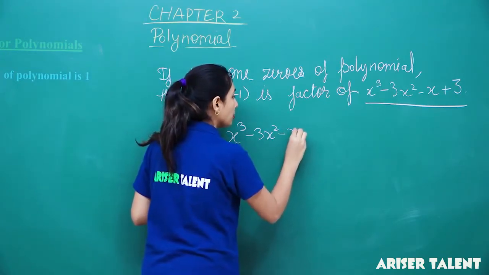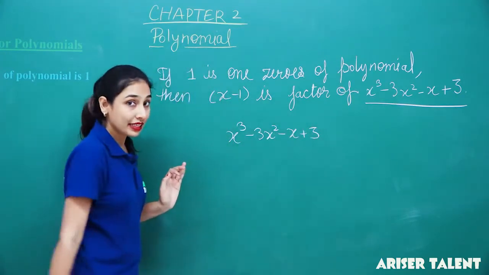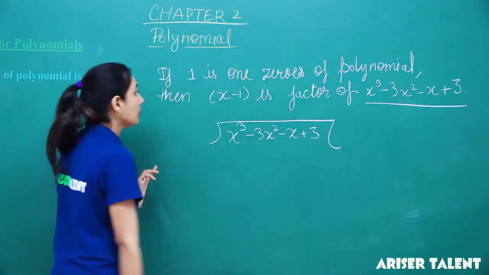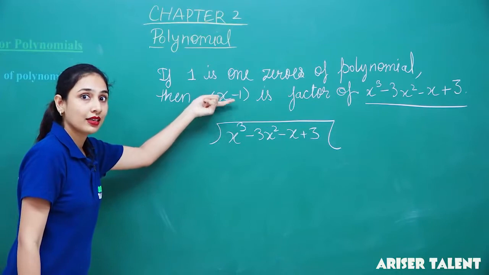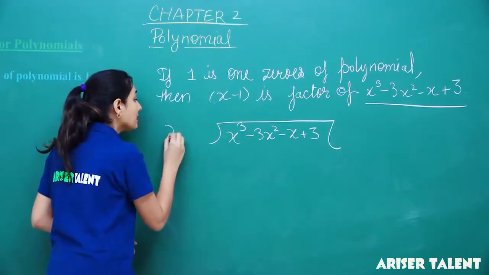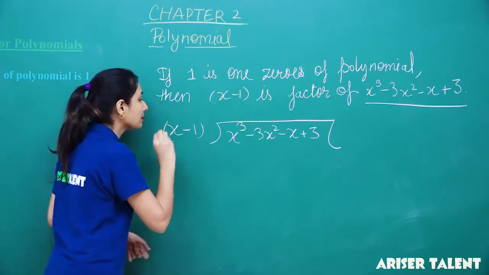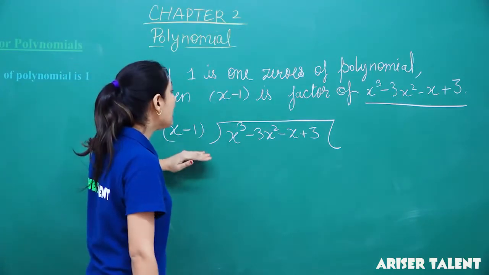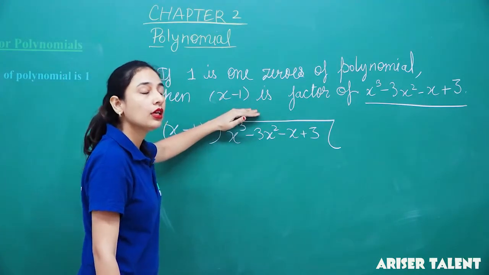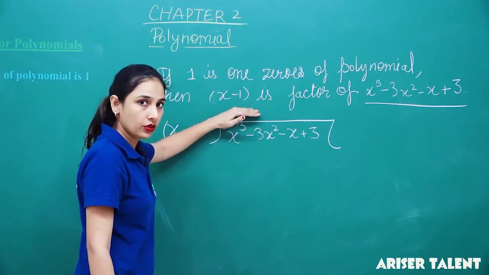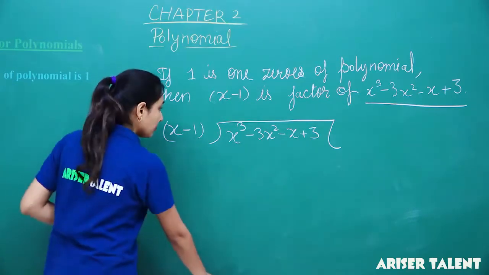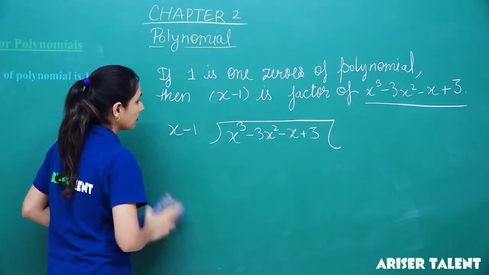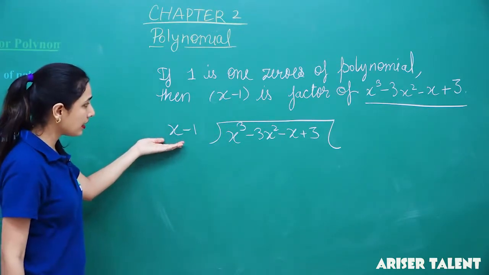This is our dividend, and we will use this factor as our divisor, and then we will have some quotient here. So x minus 1 is here.